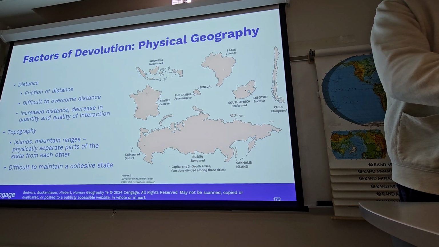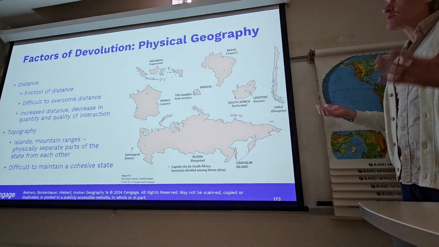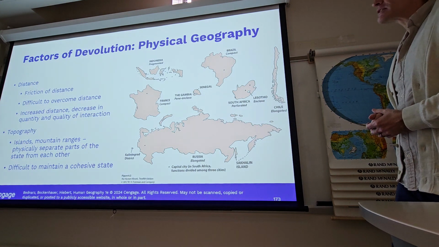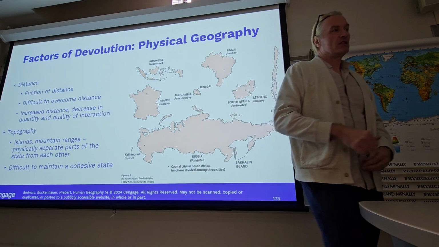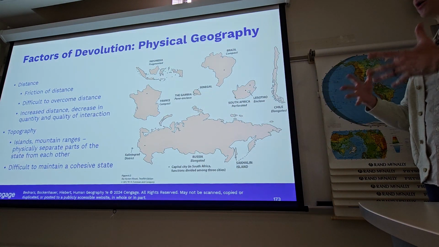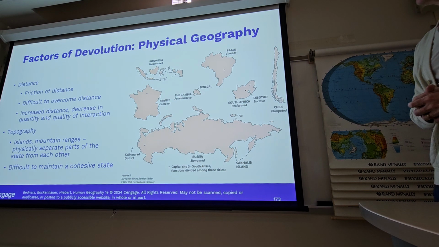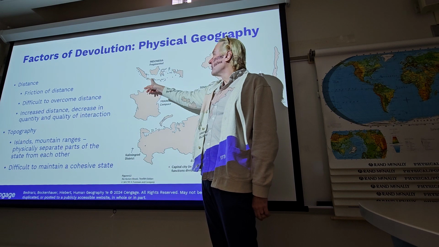Well, what are some things that make it difficult for a country to hold itself together? Sometimes that comes down to geography, right? There's lots of different countries around the world that, if there are a series of islands, it's very easy for different parts to feel like they're underrepresented, like they're not part of where everything is happening. In Indonesia, for example, the vast majority of the population live here.